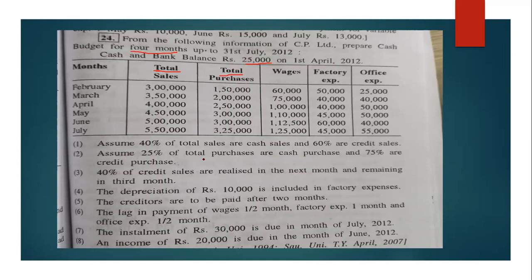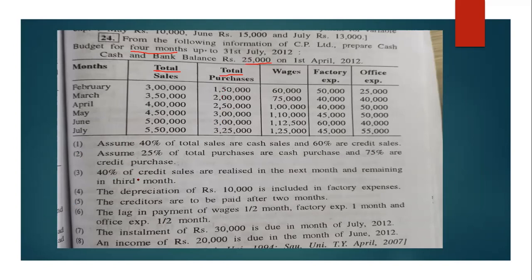Assume 25% of total purchase are cash purchase and 75% are credit purchase. In the same way, for purchase also we will bifurcate into two parts, cash and credit, 25% and 75%.